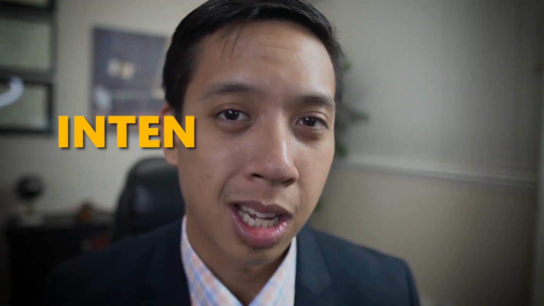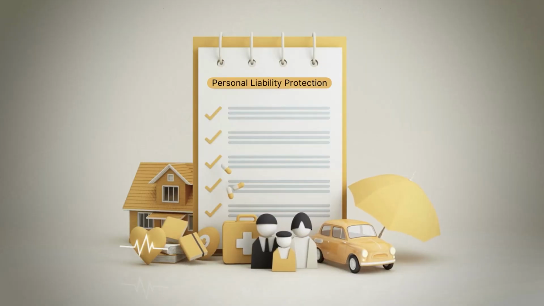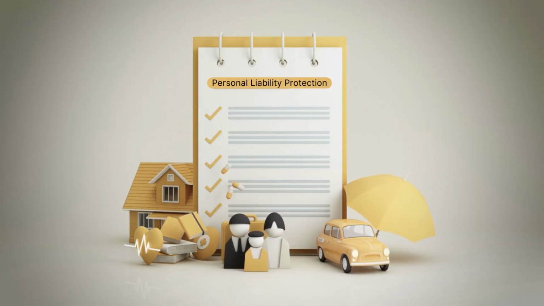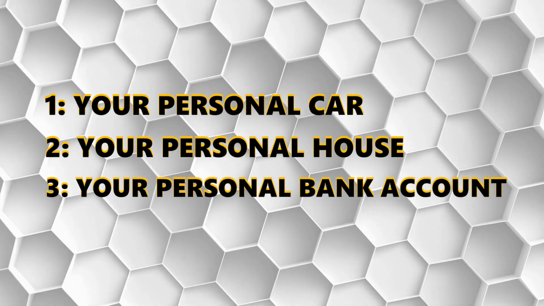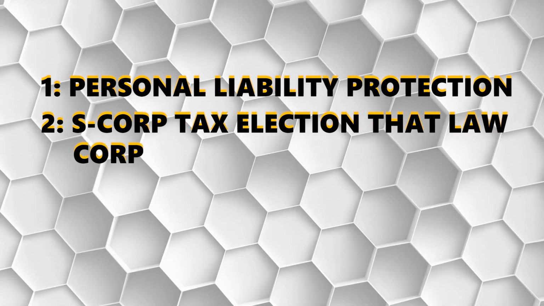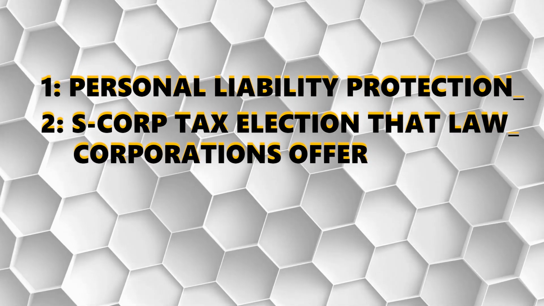This means that, assuming no negligence or intentional acts were done, the law corporation provides personal liability protection, which means that in the event the business is sued, your personal car, your personal house, and your personal bank account would be kept safe. The second major reason is the S-Corp tax election that law corporations offer.